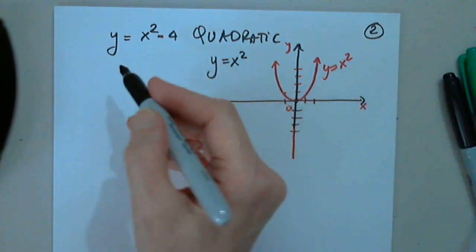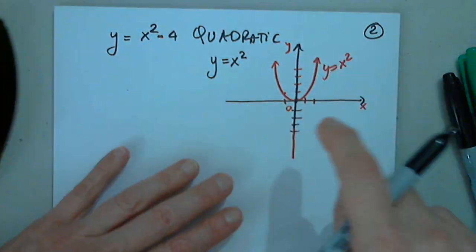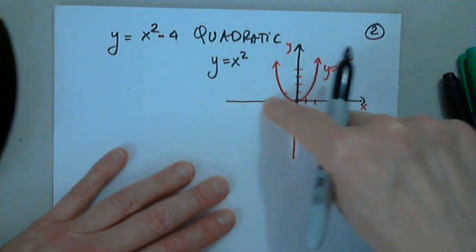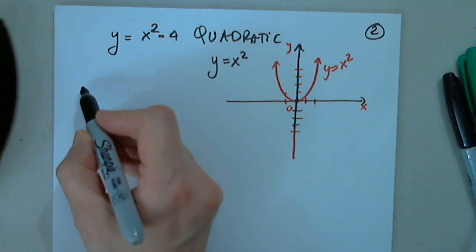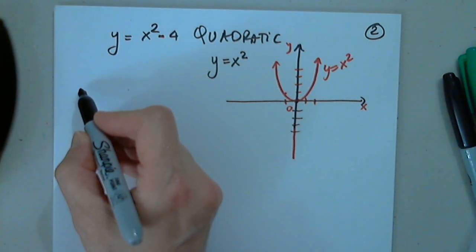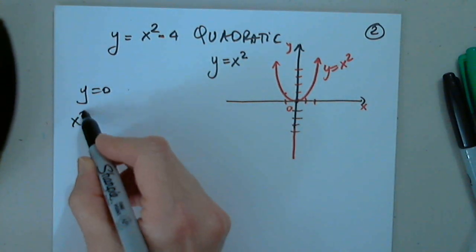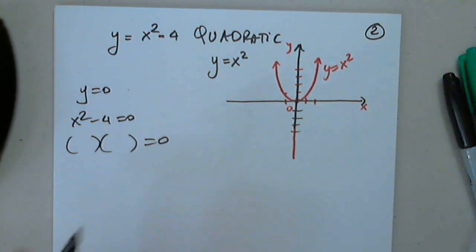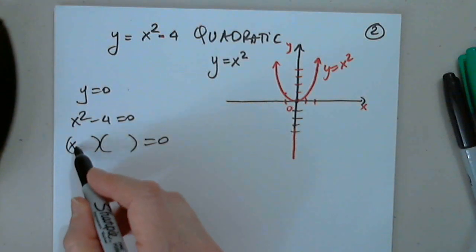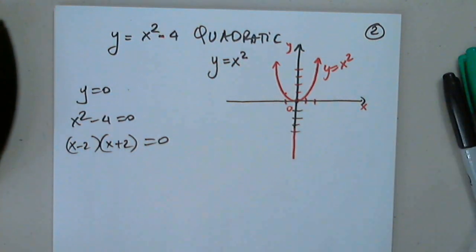And of course, let's do that also. In order to find the x-intercept, what do I have to set? Y equal to 0. Excellent. So then I have x squared minus 4 equals 0. Can anyone give us an idea on how to factor? Then it's going to be x minus 2 and then x plus 2. Good.